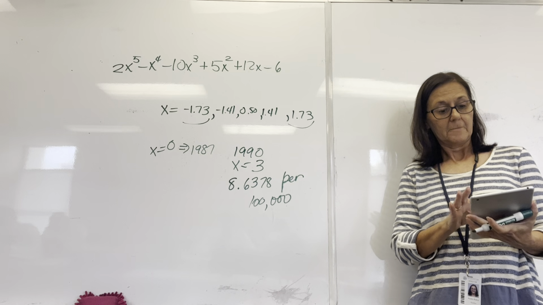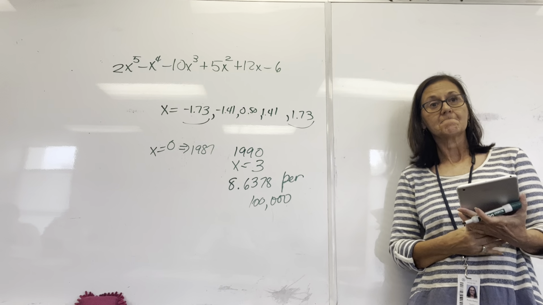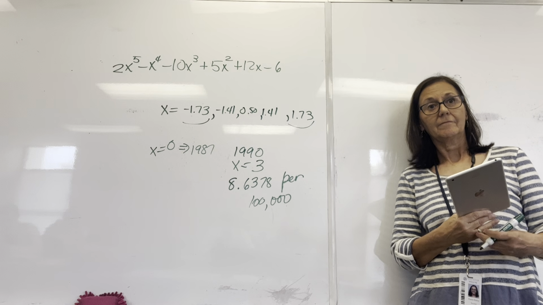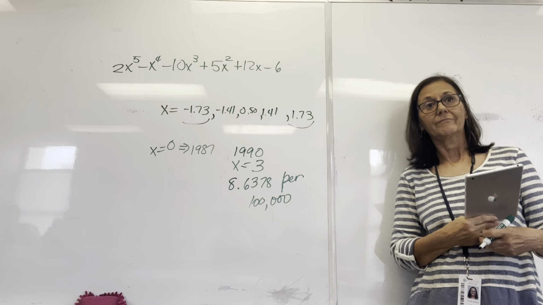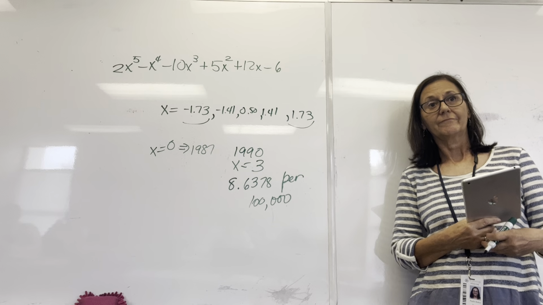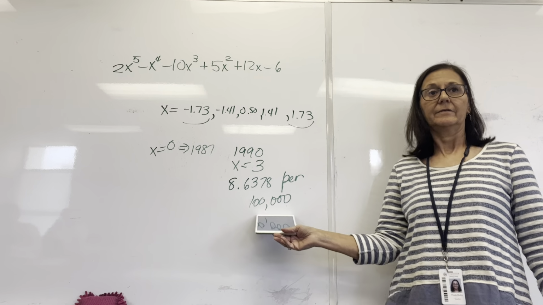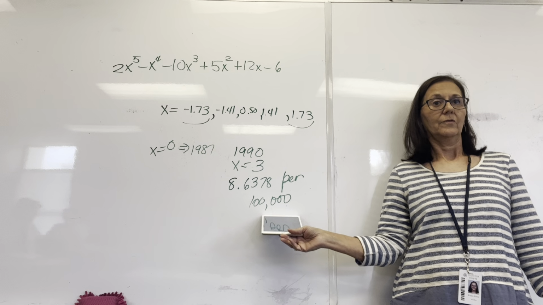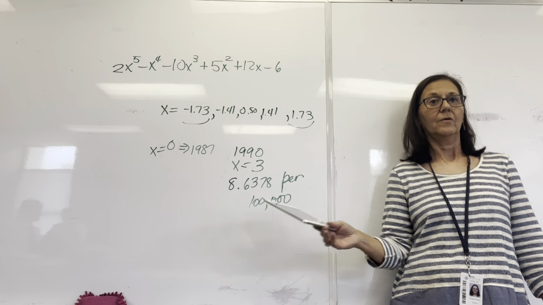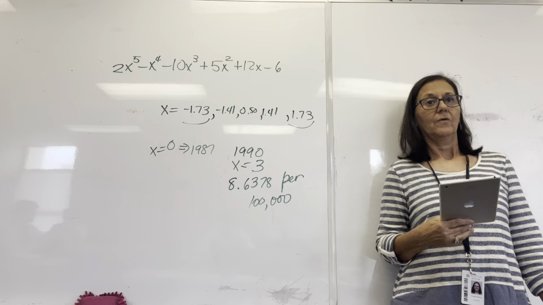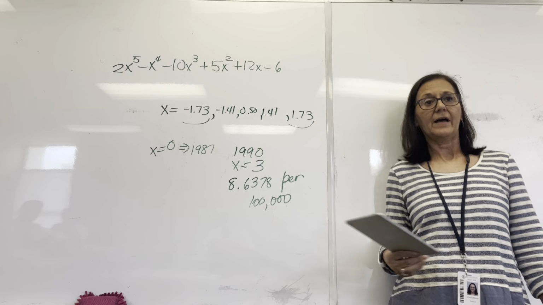You think out of every 100,000 people, almost 9,000 are getting murdered? Like 10% of the population is getting murdered. This isn't 10%. No, it's 8 out of 100,000.